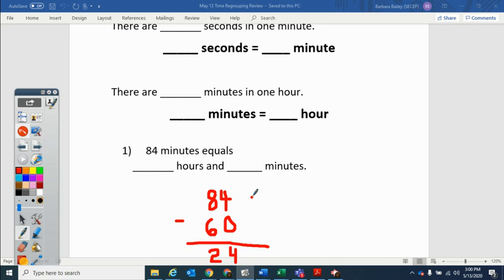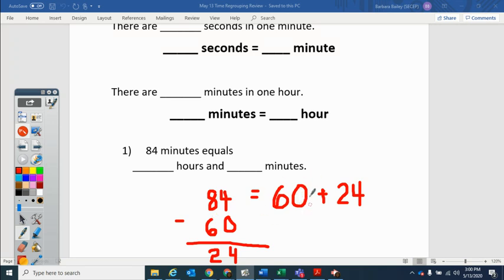So 84 is equal to 60 plus 24. Right? So I took away 60 from 84 and I had 24. So that means 24 plus 60 is 84.